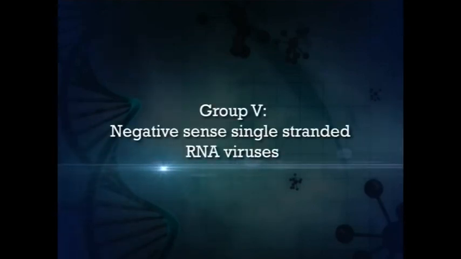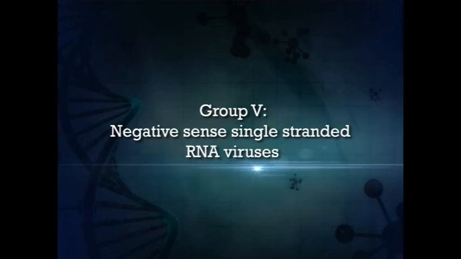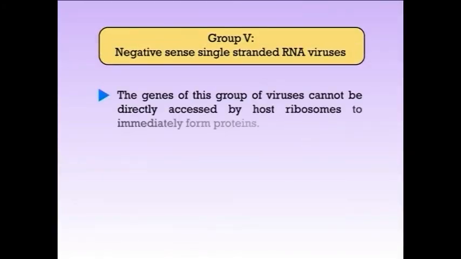Now coming to Group 5, these are the negative sense single-stranded RNA viruses. In this, the genes of this group of viruses cannot be directly accessed by host ribosomes to immediately form proteins.